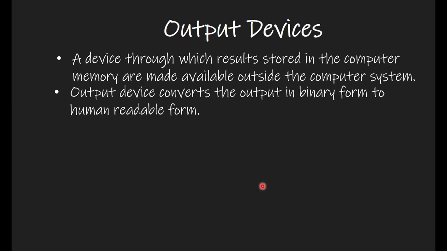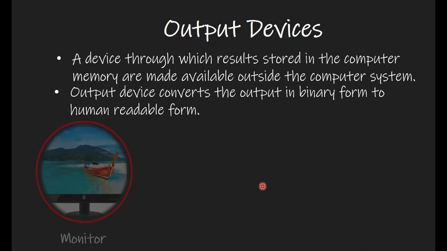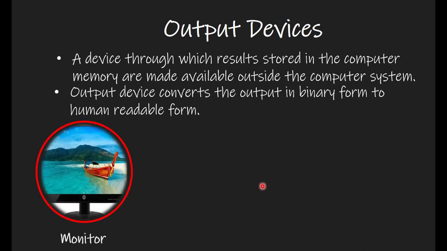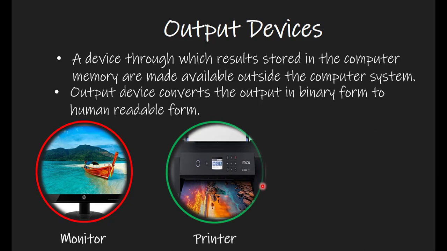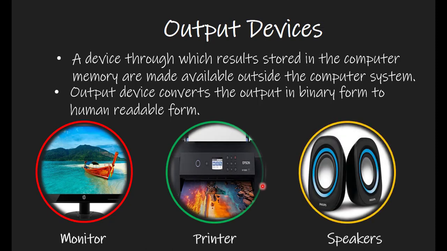So it has to be converted into human readable form. This is also done by output devices. Some examples of output devices are monitor, printer, and speakers. One more example of output devices is projectors.